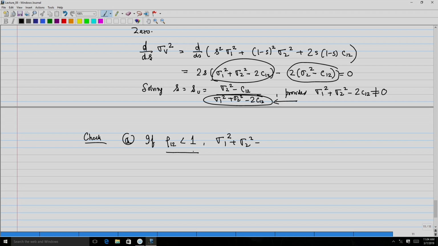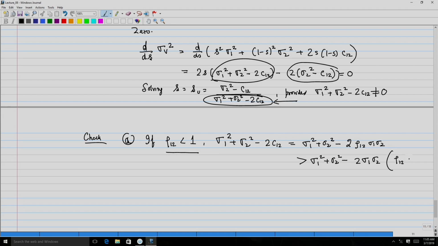So, first of all, I start off with rho 1 2 strictly less than 1. Then the denominator, which is sigma 1 square plus sigma 2 square minus twice C1 2. What is this going to be? This is sigma 1 square plus sigma 2 square minus twice rho 1 2 sigma 1 sigma 2. And this is going to be strictly greater than sigma 1 square plus sigma 2 square minus twice sigma 1 sigma 2.